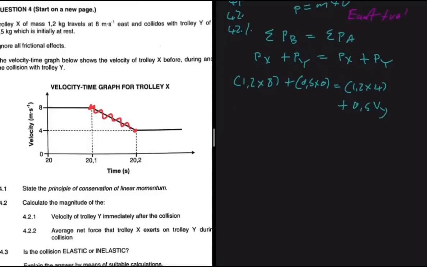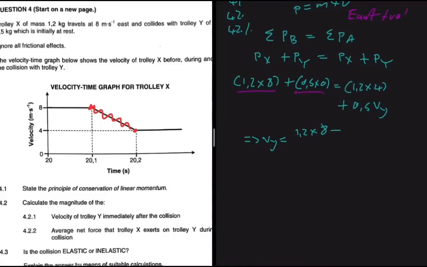So without wasting any time here, the velocity of trolley Y should be equal to 1.2 multiplied by 8, and then this, because we're multiplying by 0, is going to fall away, right?